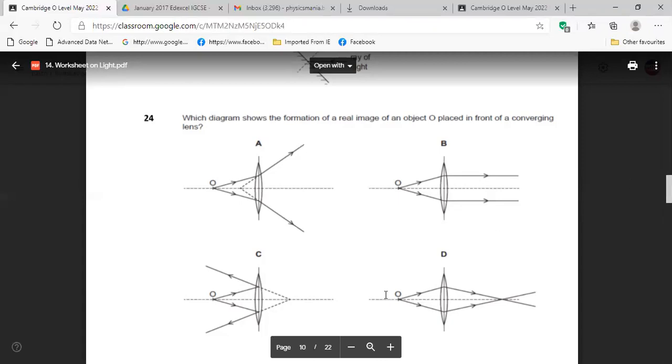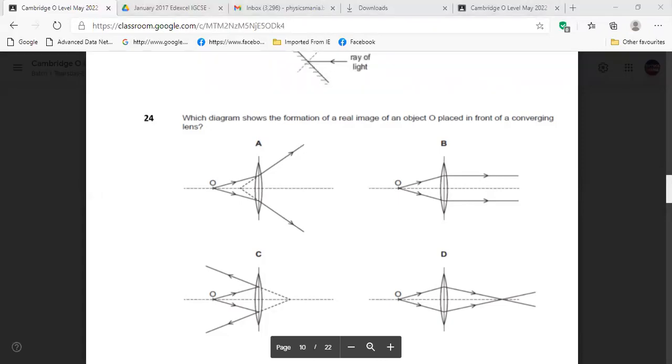Raise your hand. Who knows the answer? Raise your hand. Two participants raised their hand. What about the other participant?